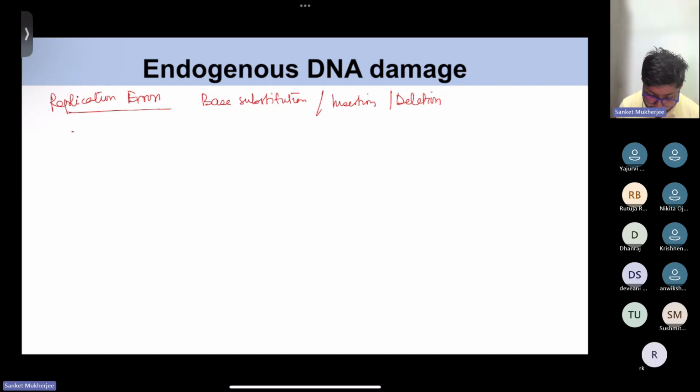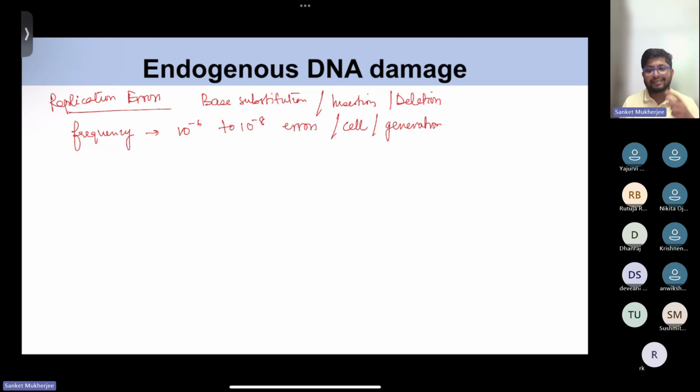And the frequency of this error in a cell is around 10 to the power minus 6 to 10 to the power minus 8 errors per cell per generation. Whenever a cell is dividing, if you remember, there is an entire cell cycle which it goes through. So in a single generation, in one cell, there could be 10 to the power minus 6 to 10 to the power minus 8 errors due to replication, right?